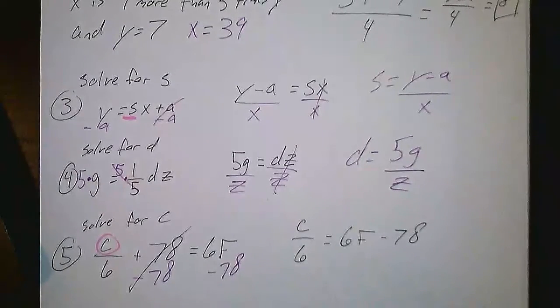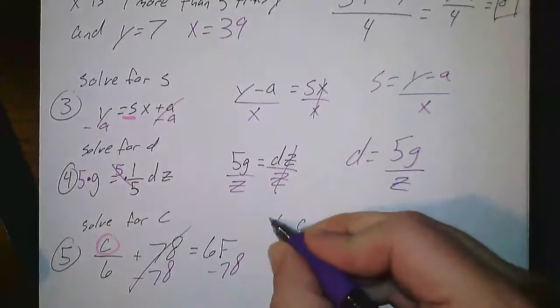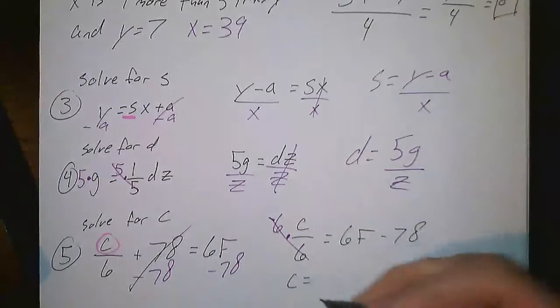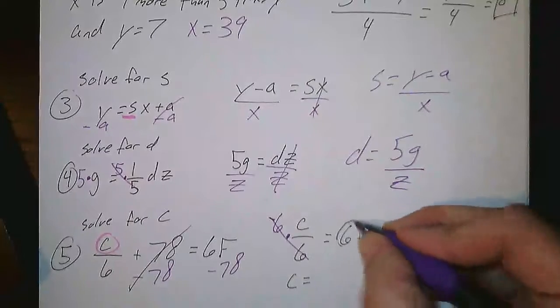So now we can multiply out the denominator. So I can multiply the left side by 6, and now c will be by itself. I need to multiply the right side by 6. And this is where some students will make a mistake. We're not just multiplying the first term by 6.